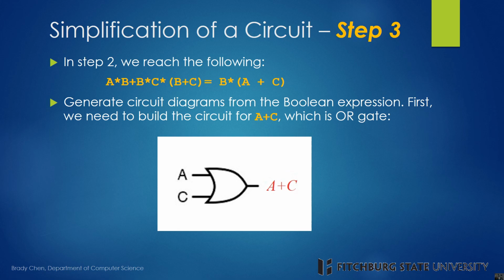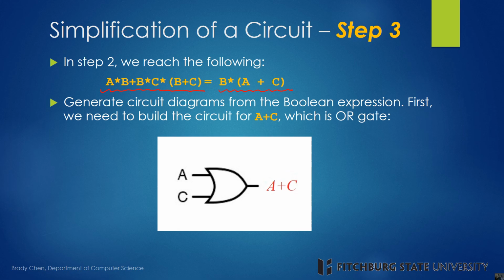Now we actually proved in step 2 that the Boolean expression of the original circuit is equivalent to the Boolean expression of the simplified form, because we follow these Boolean identities and finally get that result. Now, how can we actually draw these circuit diagrams?